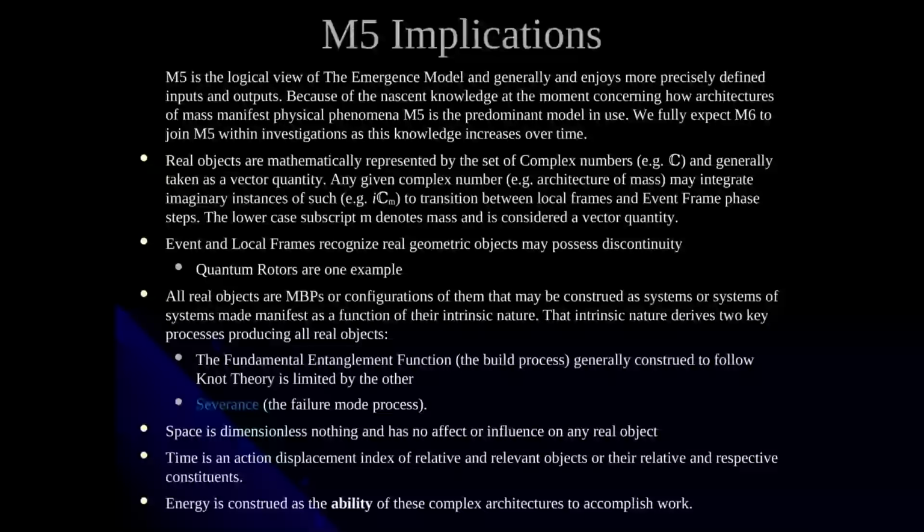If we take an individual MBP as a system, then all of the configurations of them are systems of systems, and physical properties are made manifest as a function of the structure. So you've heard the phrase structure equals properties, and properties infer intrinsic structure. If you replace the word structure with architecture, you now have a very good feel for where M5 is headed.